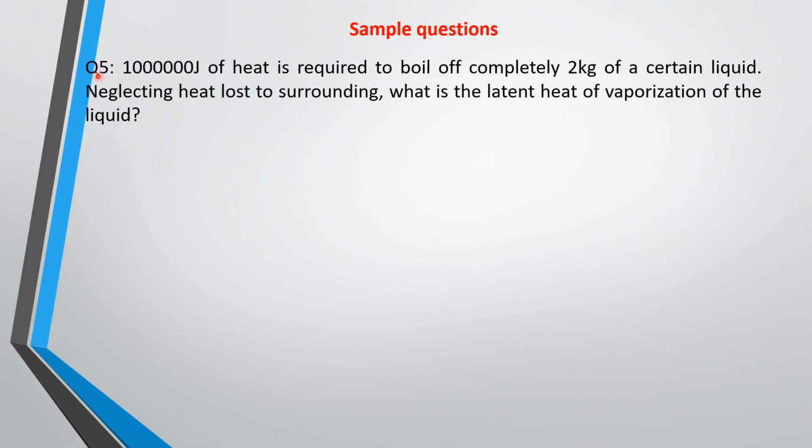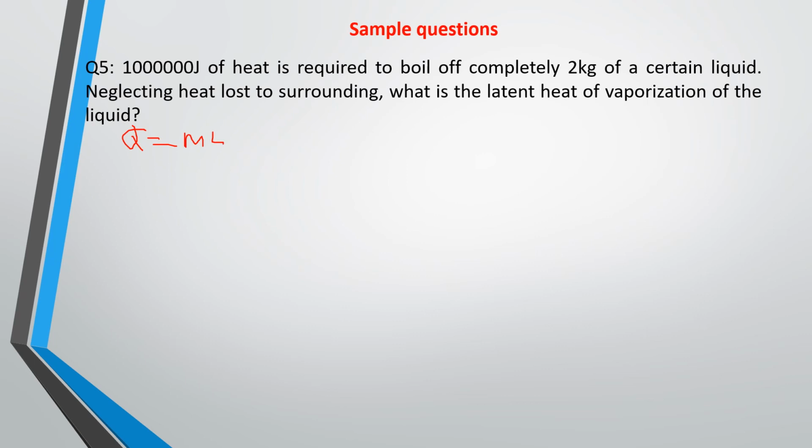Another one. Question number 5. This 1 million joule of heat is required to boil off completely 2 kg of a certain liquid, neglecting heat loss to surrounding. What is the latent heat of vaporization of the liquid? Okay, so from our equation we had that quantity of heat is equal to mL.